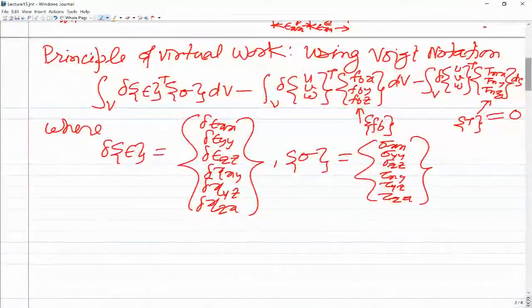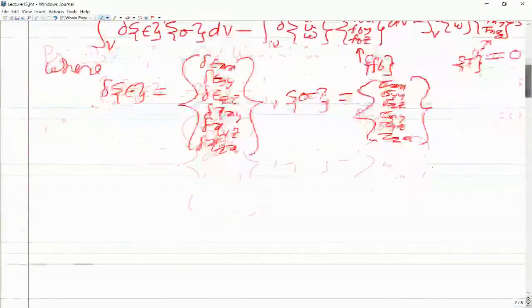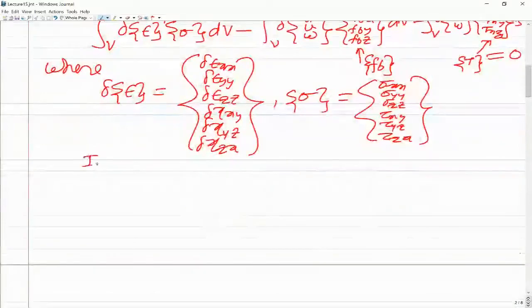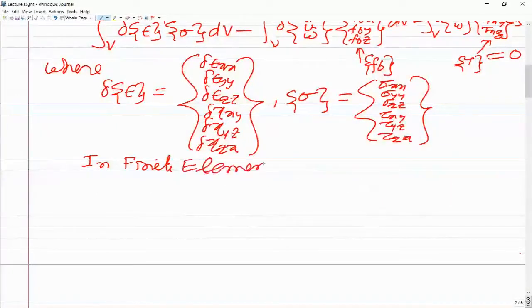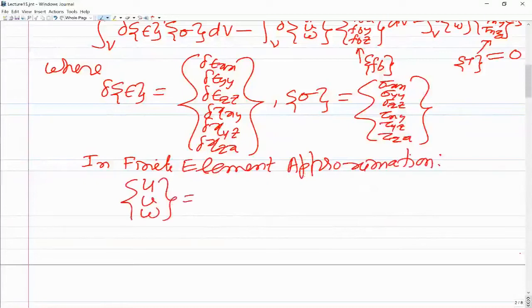Now in general, in the finite element approximation, we have these quantities. UVW can be written in terms of the interpolation matrix H, and depending on what element we are choosing, by now you should be able to write the interpolation function.